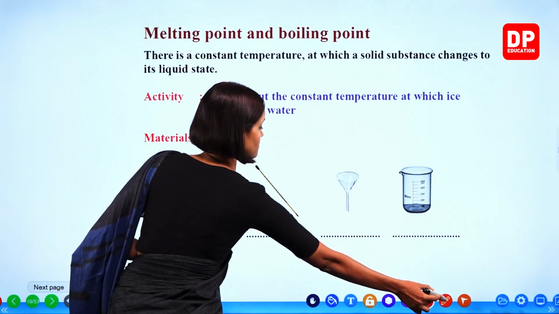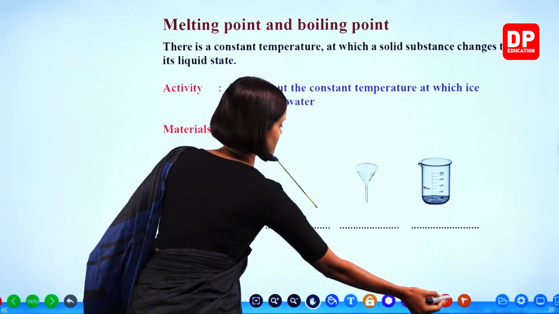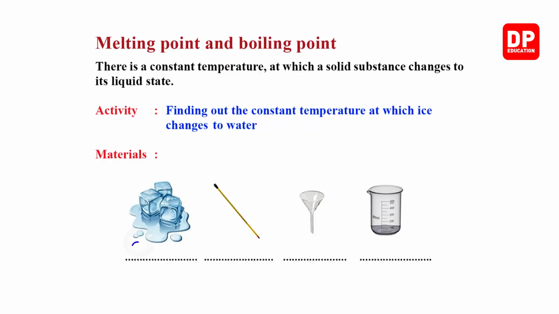Let's write. Ice cubes. We need a thermometer. And we need a glass funnel.